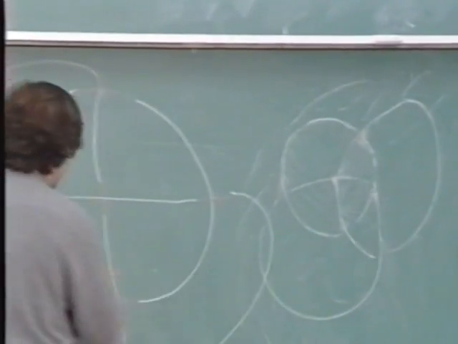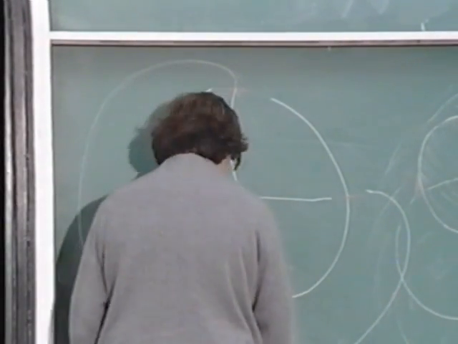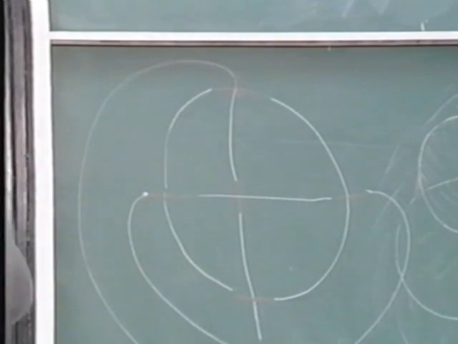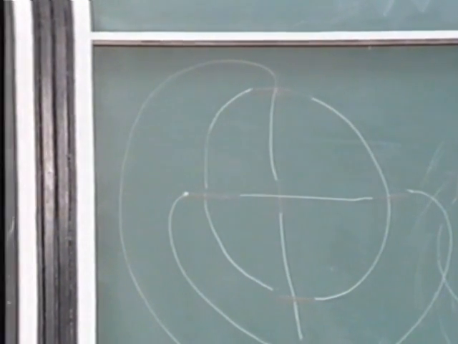So I can take this picture, think of that picture with the white parts removed, and now collapse the white parts to points.